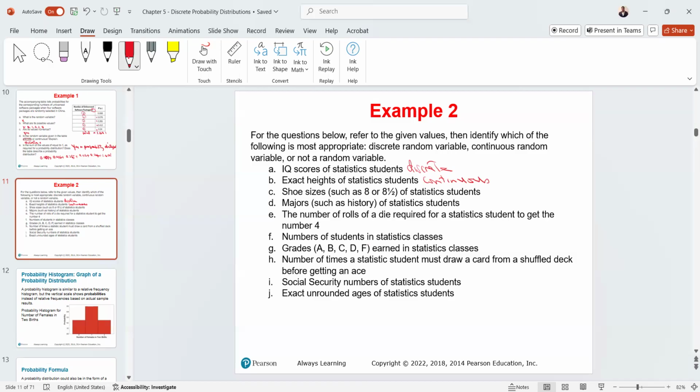Shoe sizes are usually recorded in specific steps, like size 8, 8.5, 9 in the US, and there is no such thing as shoe size 8.25 in the system. So we would consider this one to be a discrete random variable.